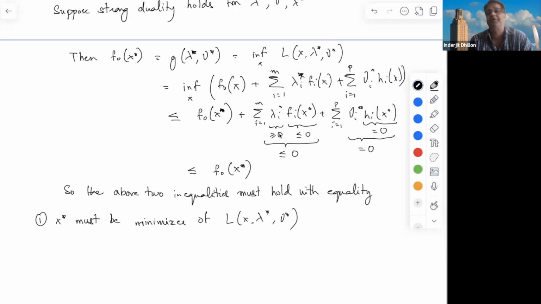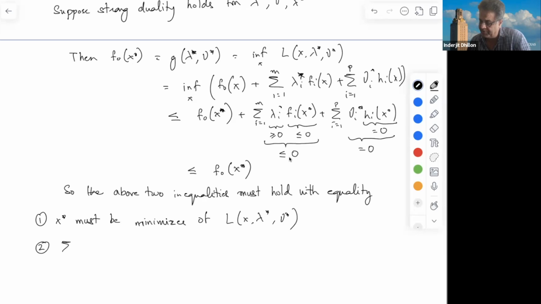And this is now actually really interesting. This is saying that this should actually hold with equality, not just an inequality. It cannot be a strict inequality, right? This will have very interesting implications for the SVM problem.